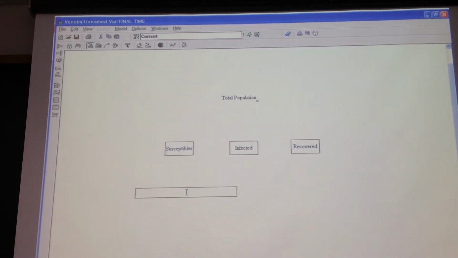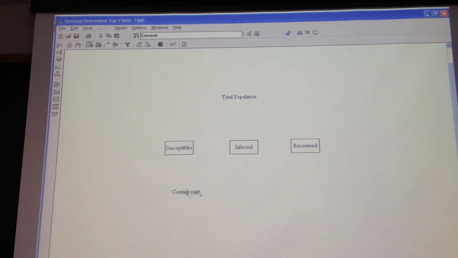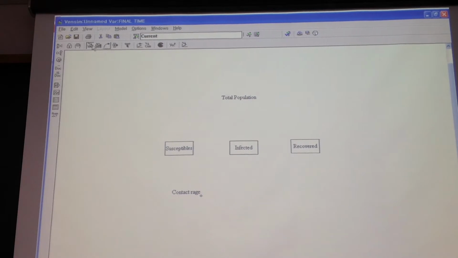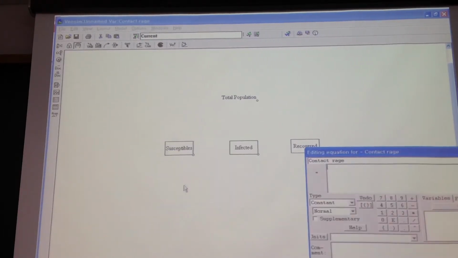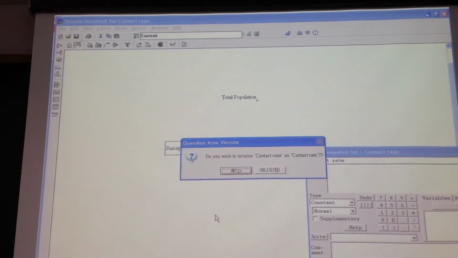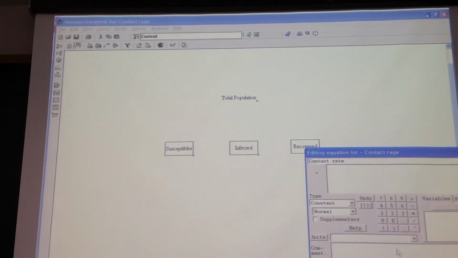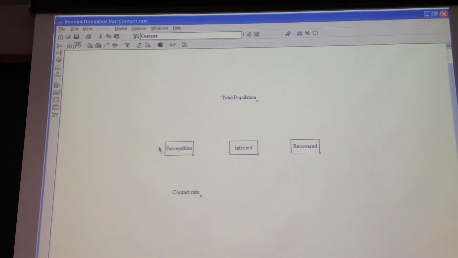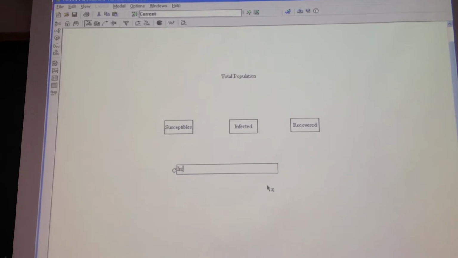And contact rate. Contact rate. And infectivity.